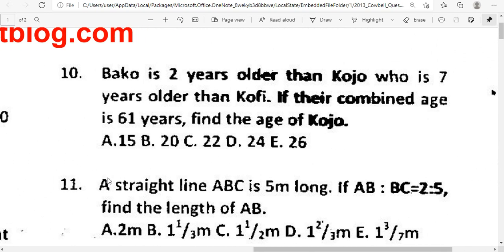Number 10. Read it again. I was telling people that this is why I like Cowbell Mathematics, the application of things like this. 1 minute.